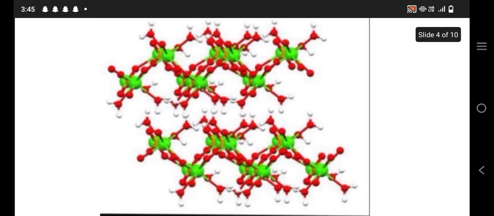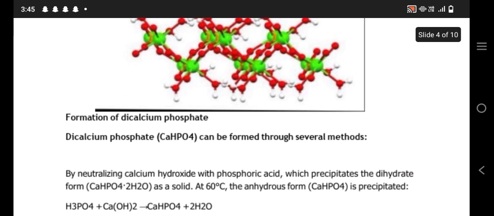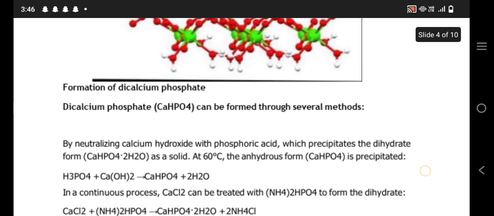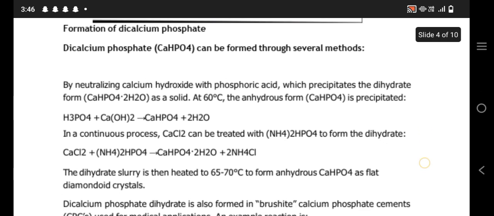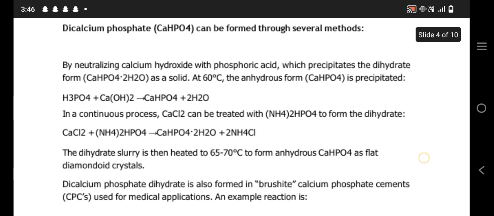Next, formation of dicalcium phosphate. Dicalcium phosphate can be formed through several methods: by neutralizing calcium hydroxide with phosphoric acid, which precipitates the dihydrate form, CaHPO4·2H2O, as a solid. At 60 Celsius the anhydrous form is precipitated.